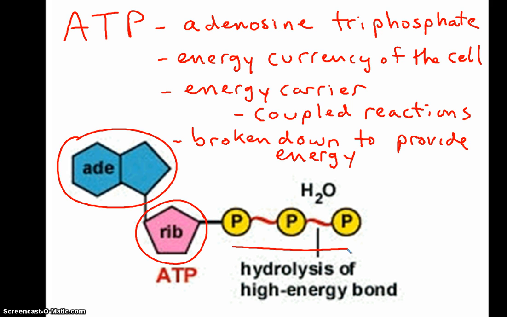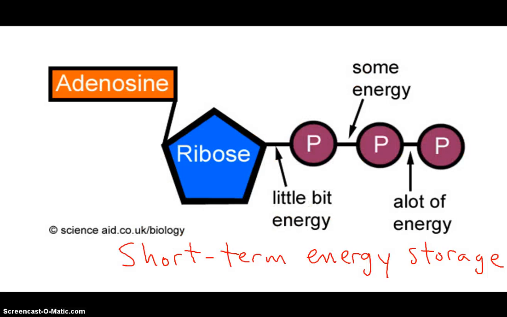And most of the energy, when it's broken down, is right in that bond between the second and third phosphate. So when we do a hydrolysis reaction to break it down, that's where the energy is released that our body can use. So again, here's another just kind of cartoon representation of it. So we've got the adenosine, we've got our nitrogen base. We've got a sugar, and we've got three phosphates.